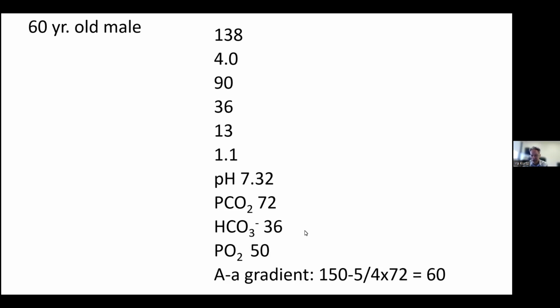So it's very pleasing conceptually to think of it this way, because if the A gradient is elevated, that's when you know you have something going on in the lung. And the nice thing is you don't have to do a chest X-ray to figure this out. You could figure it out just from these numbers, just like, as I was saying, you can tell the cause of diarrhea without scoping the patient or doing anything fancy, just by looking at the acid-base numbers.